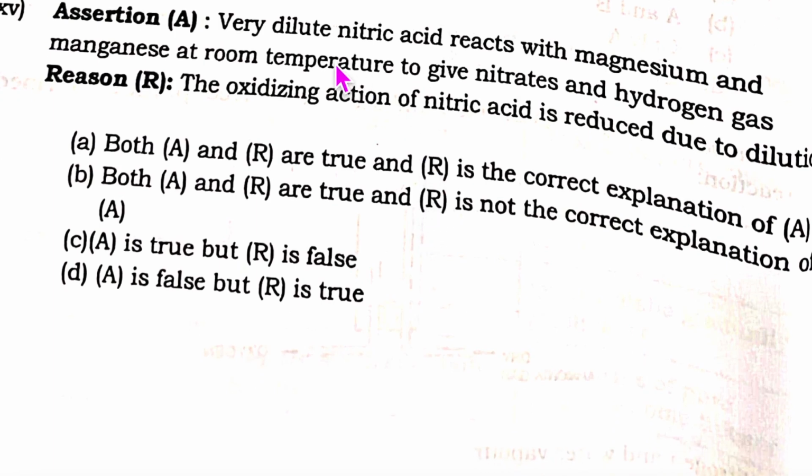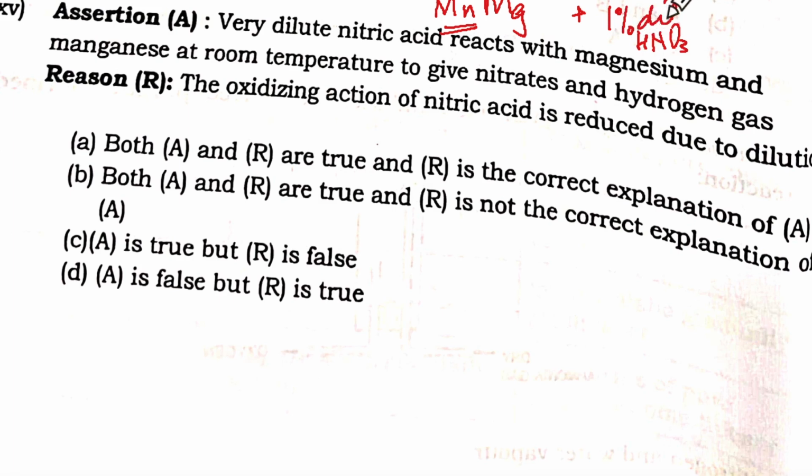15th one. Very dilute nitric acid reacts with magnesium and manganese at room temperature. So remember, I have told you MnM, that is Mn and Mg, they will react with cold 1% dilute HNO3. Why? Because HNO3 is an oxidizing agent.